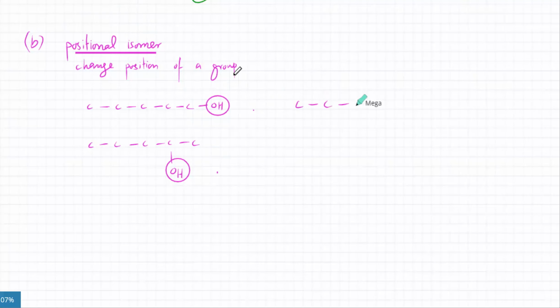If you keep the carbon chain straight, you can have OH over here, right? So that's another one. Can I make another positional isomer? No, because then it's the same, just twisted or flipped. For example, if I put the OH over here, then these two would be exactly the same.